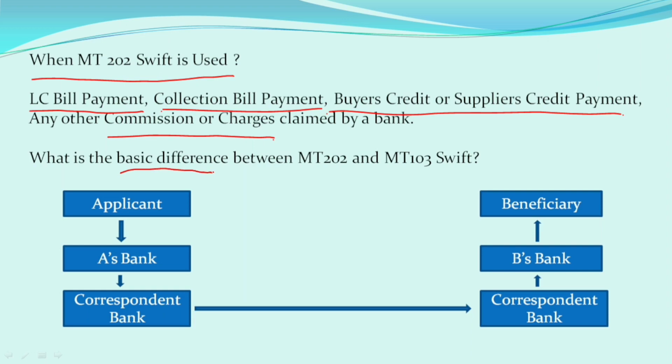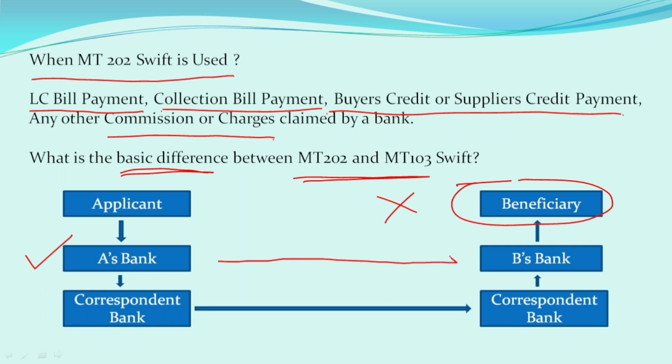Now, let's see the basic difference between MT202 and MT103 messages. In an MT202 message, A bank is not concerned about the beneficiary. As per our example, A bank needs to remit the funds to B bank, not the beneficiary.